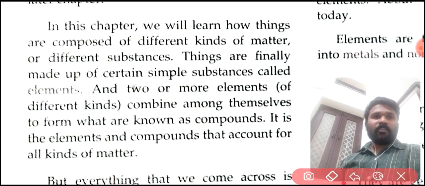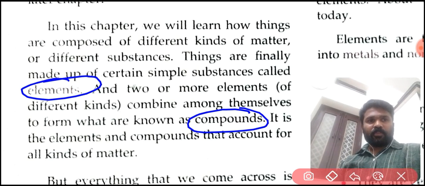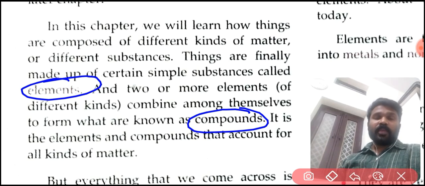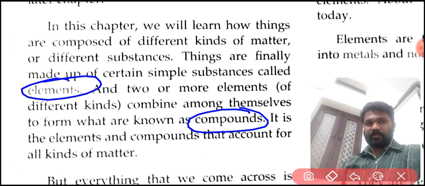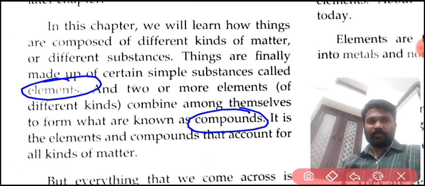Two or more elements of different kinds combine among themselves to form what are known as compounds. It is the elements and compounds that account for all kinds of matter.